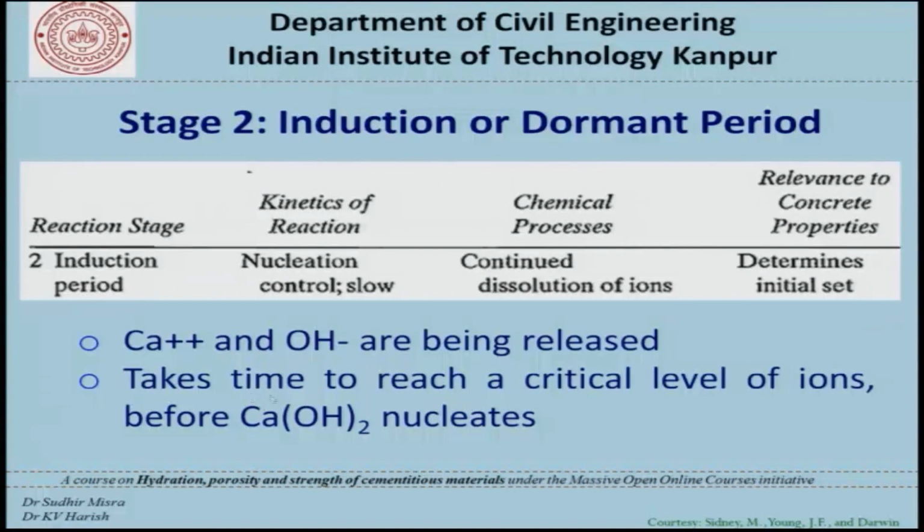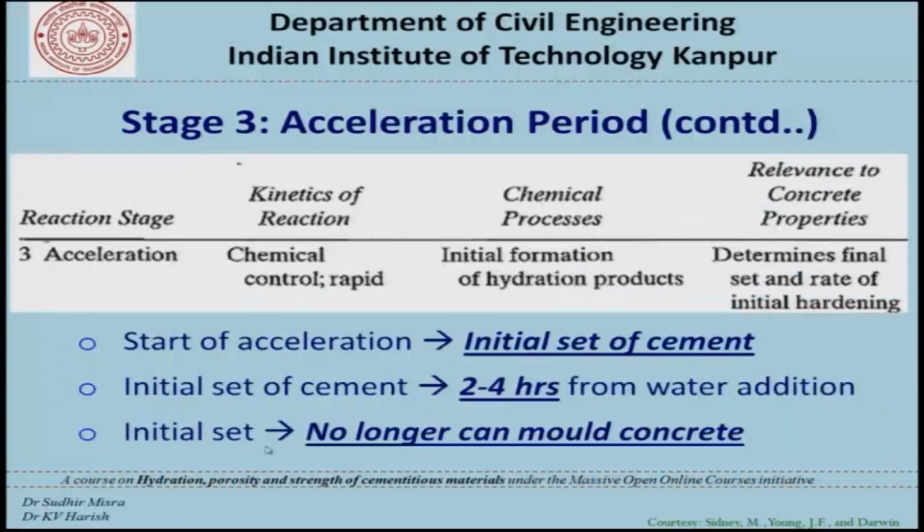So, during this time the calcium hydroxide basically nucleates, and it requires a certain critical level of ions, and this primarily in terms of concrete properties determines the initial set.